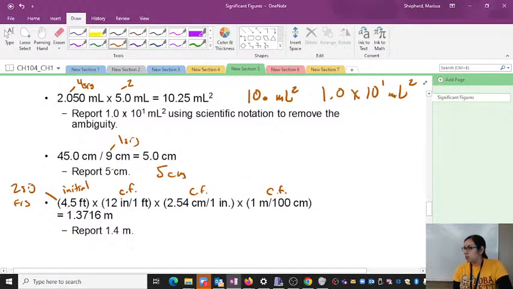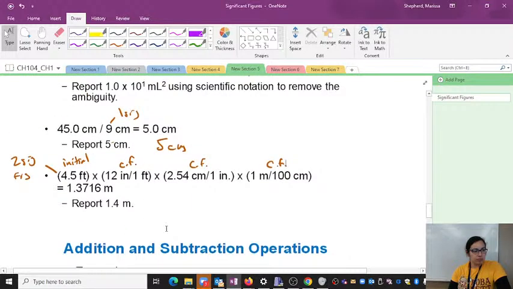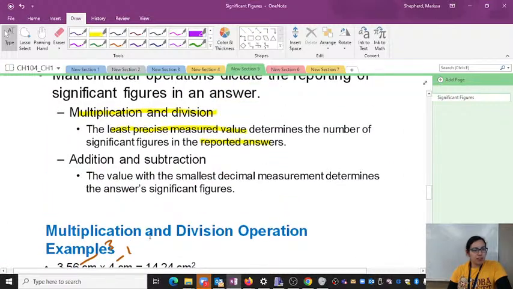We just have 2 sig figs from our initial measurement of 4.5 feet. We do all this conversion, and we could round to 1.4 meters there. Any questions on multiplication, division? That should feel straightforward.